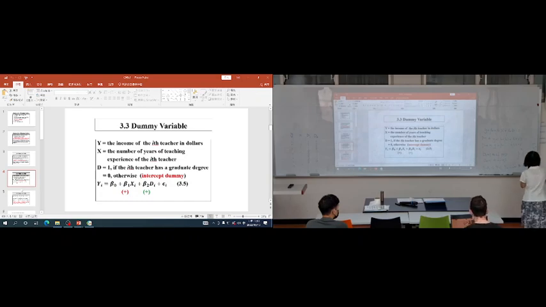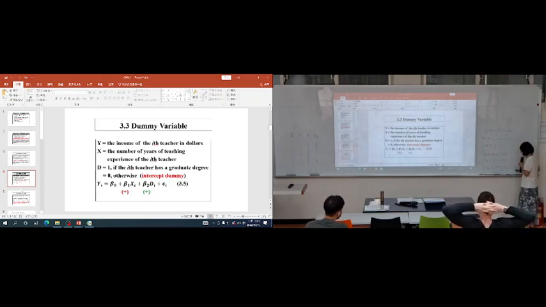So this one just shows the relationship between two groups, one with or without. Even if I have three categories, we're just saying that we have D1 and D2, right? So with D1 and D2, let me show it here.